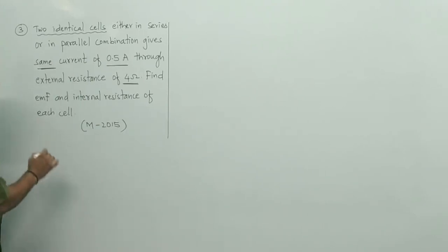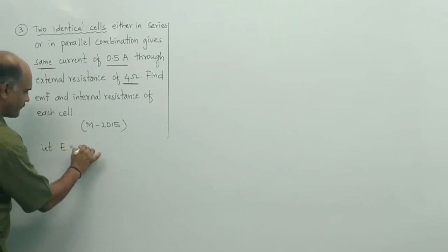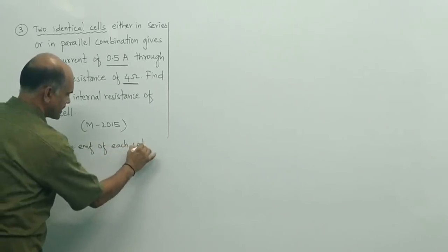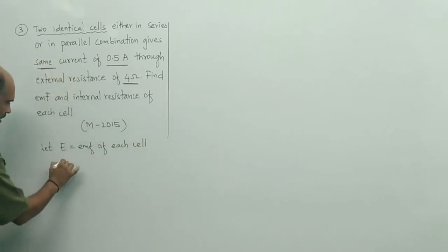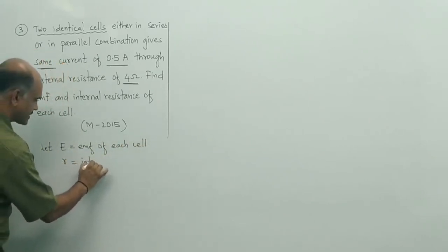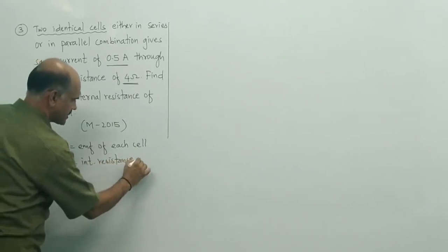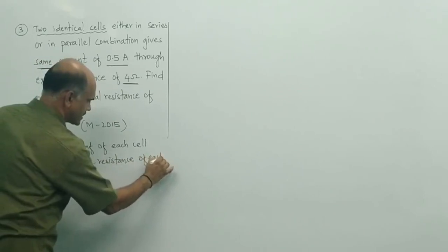I will take E as the EMF of each cell, and r as the internal resistance of each cell.